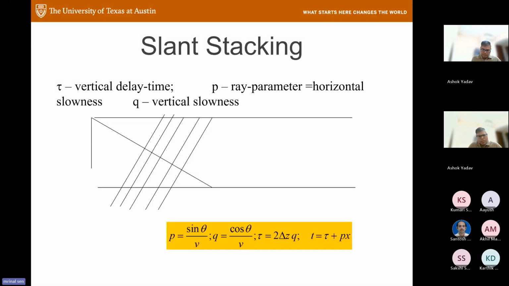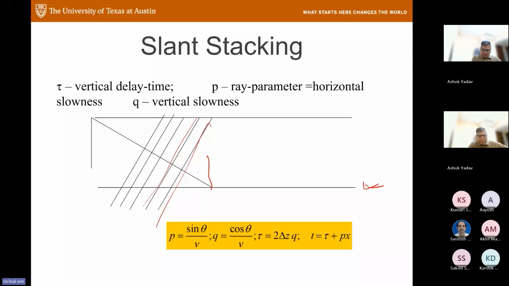Now you can think about, say I have a layer, I have an interface here. This is a reflector, and I'm shooting a ray. Normal to the ray, for an isotropic medium, is your plane wavefront. It's given by the ray parameter p, which is sine theta over v of this layer.